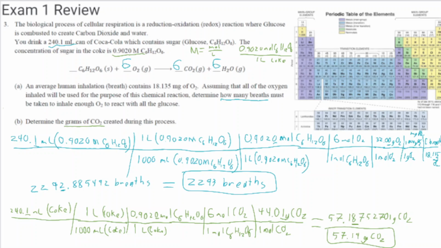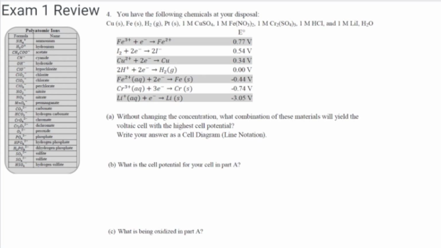All right, so let's go ahead and go to question number 4. All right, and I'm going to pull in something from our useful equations packet as well. Pulling up the right side of the first page, the polyatomic ions.